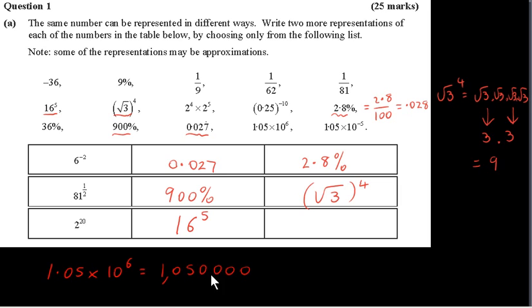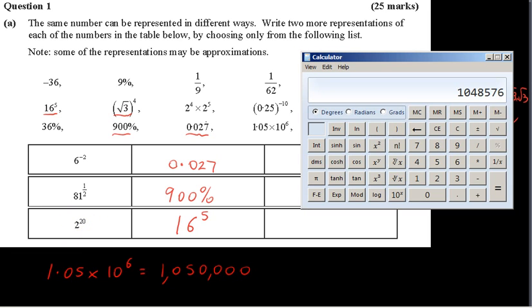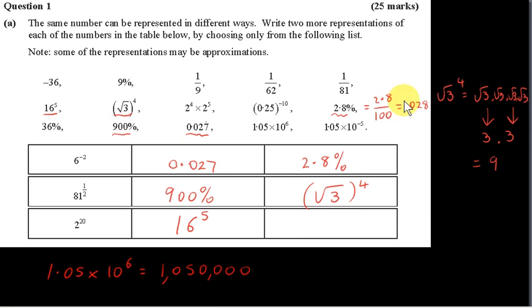So we get 1,050,000. And that's a good approximation to 2 to the power of 20. 2 to the power of 20 is 1,048,576. So these two numbers are very close. You can see that the gap between this number and this number is less than 2,000. So we can use this number as a good approximation.